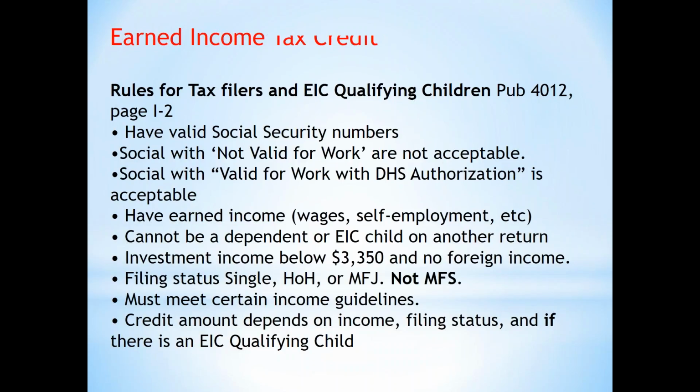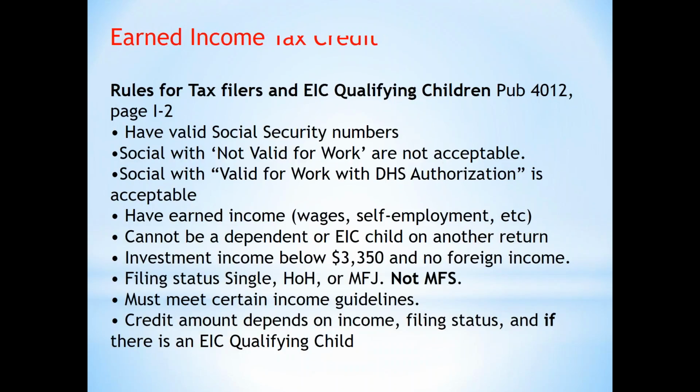The person claiming the earned income tax credit can't be a dependent on another tax return, so keep that in mind. They can't be a dependent or a child on any other tax return. There can't be any investment income above $3,350, or foreign income.